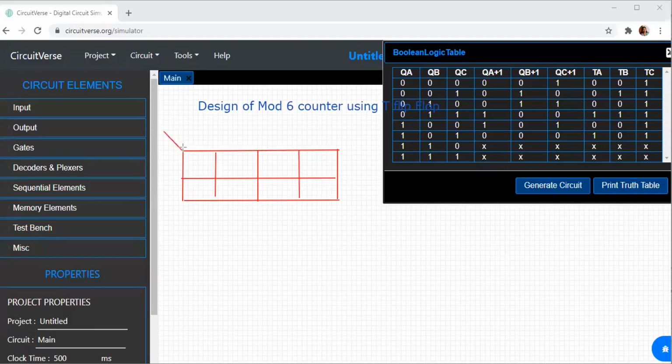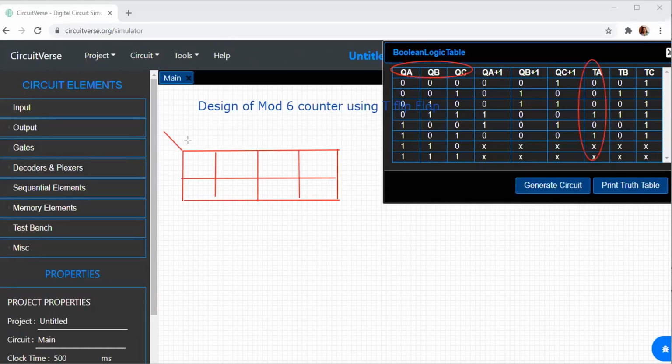So this is a 3 variable K-map. The inputs we have to consider are QA, QB, QC, and we are going to plot these values. So let us write down these values.